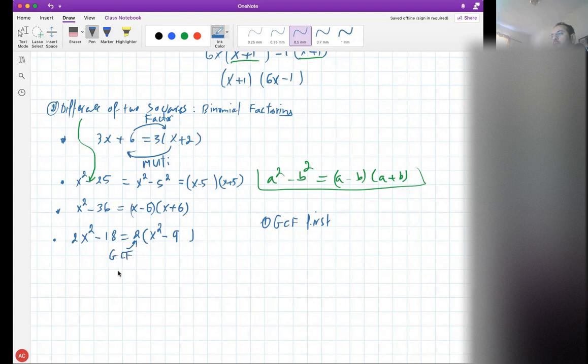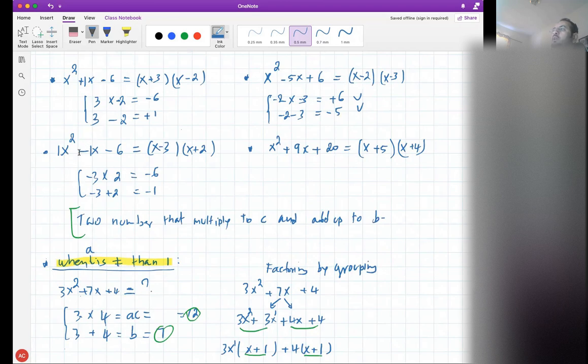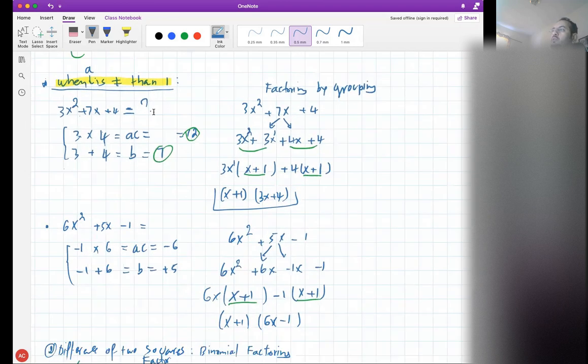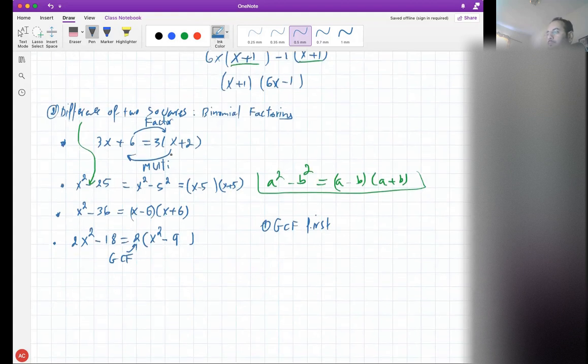Just the regular factoring we did last time. That's the GCF. So after the GCF, always try to see if you can factor again, whether it's a binomial like this, or if it's a trinomial like this one or that one, you try to factor again if possible. So you need to factor completely, factor as much as possible. So can we factor this more?